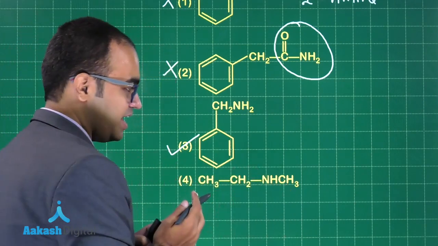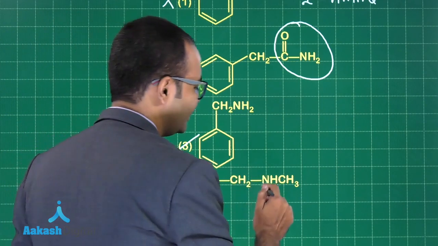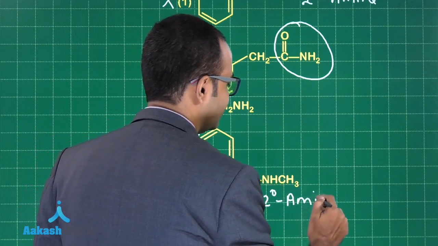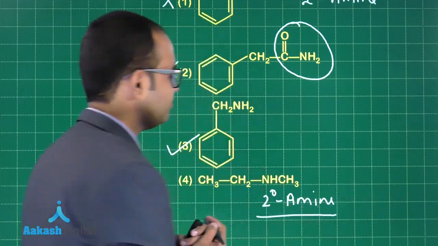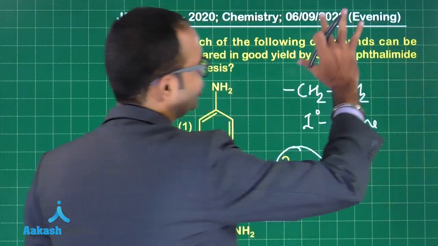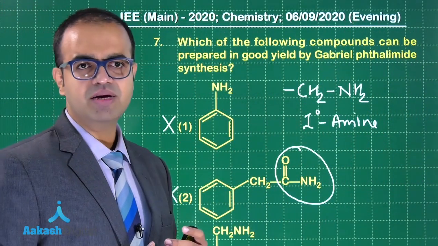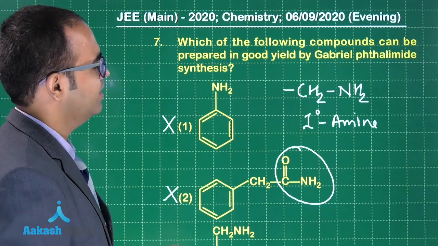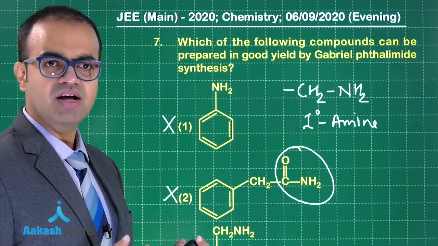Option 4 is not an answer because this is a secondary amine. Okay. So a very easy question. You should have a good knowledge of Gabriel phthalimide synthesis and you can write down the answer. Okay. Let us move on to question number 8, guys.